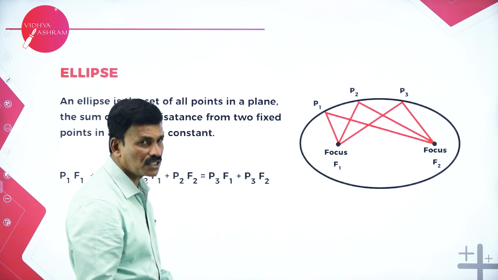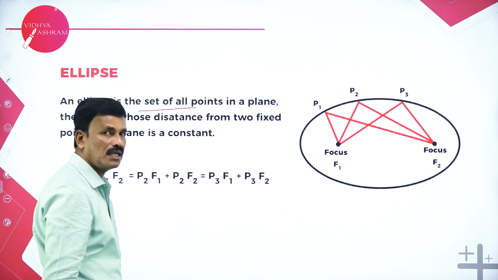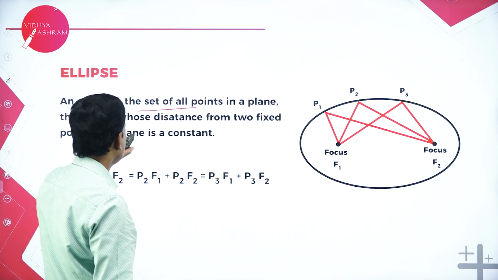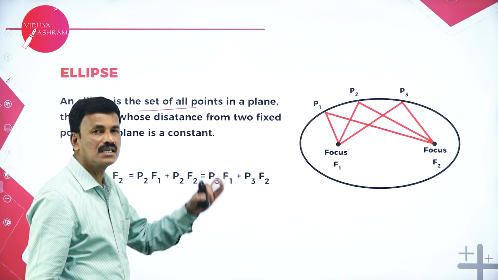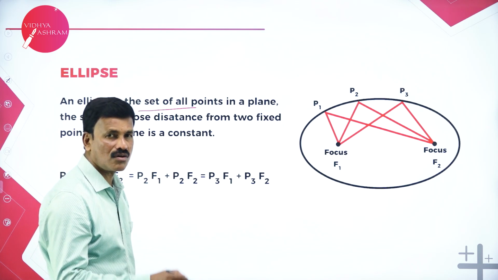So what is the definition of an ellipse? An ellipse is the set of all points in a plane such that the sum of whose distances from two fixed points in the plane is constant.